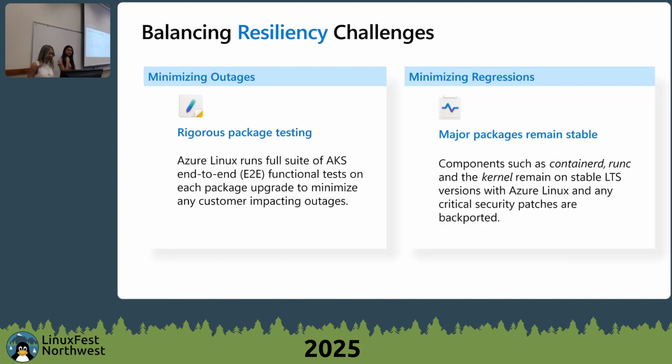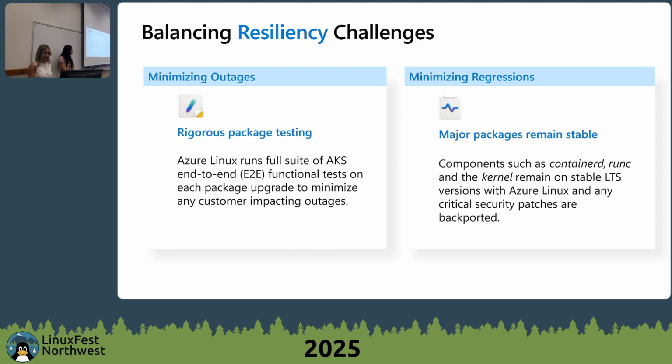In terms of resiliency challenges, one of the most valuable attributes of our partnership with AKS is that we get to collaborate on testing. When testing package or image updates, the Azure Linux team runs the entire AKS end-to-end test suite on our existing pre-release artifacts.